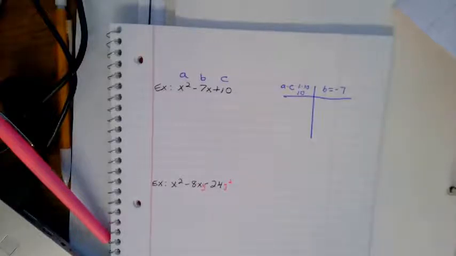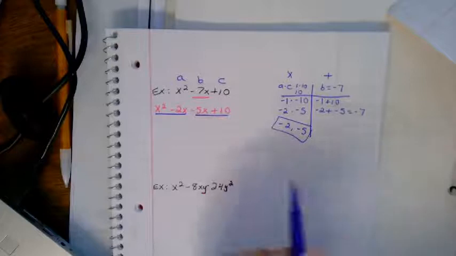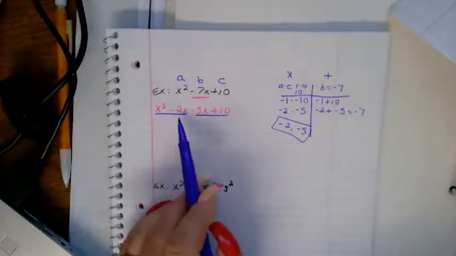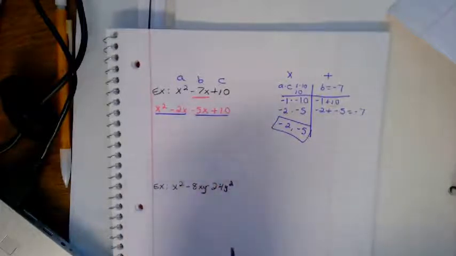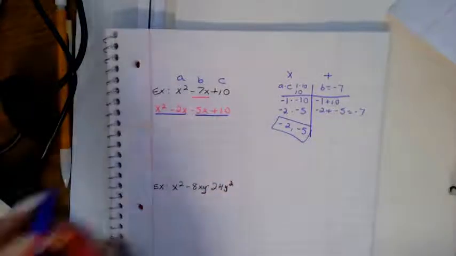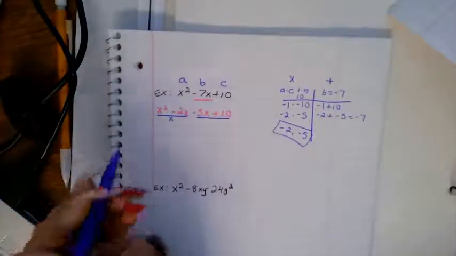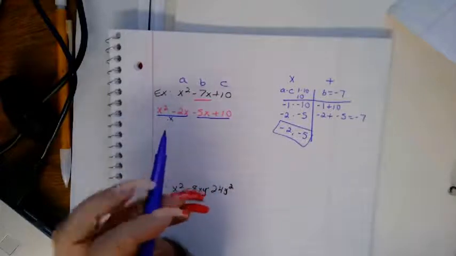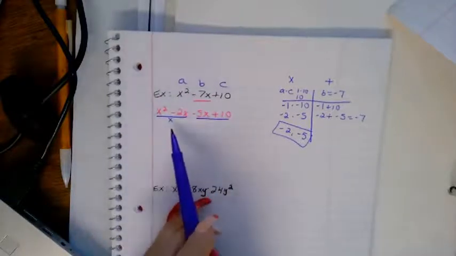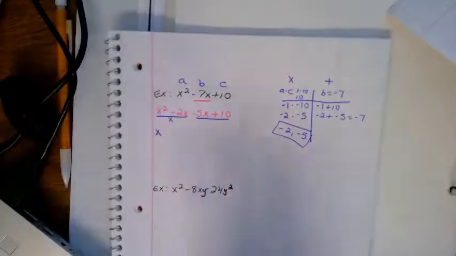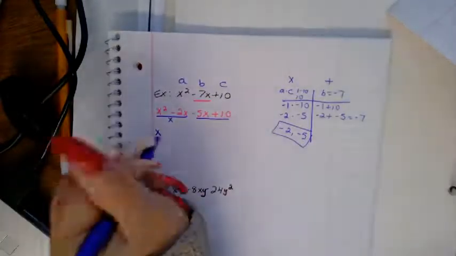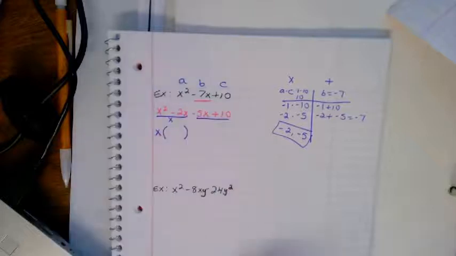What does x squared minus 2x have in common? What can we pull out of that? X? Okay, yes, x. There's our x. So let's do this one first. Jaden, I think this might be where you get confused. So we got our x. Now we can pull that x out here right away, right? We know that's going to be our outside number. And then our parentheses is going to be what we divide right here, because in essence we're dividing that x out, right?